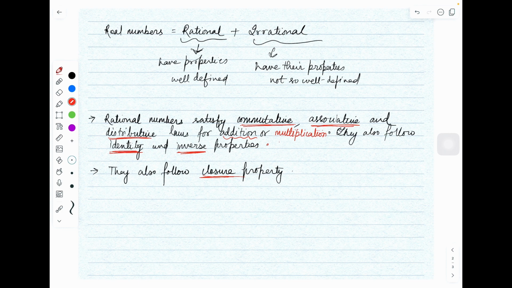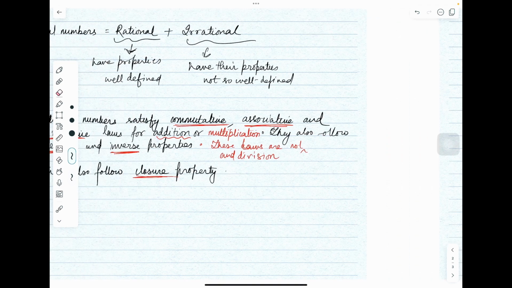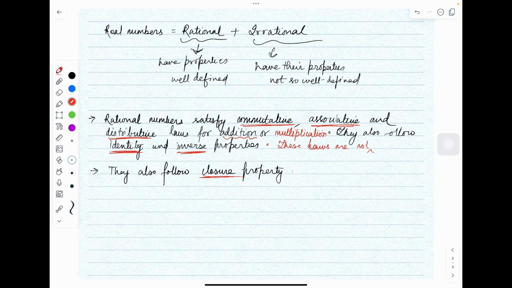One thing before going on: these laws are not applicable for subtraction and division of two rational numbers.